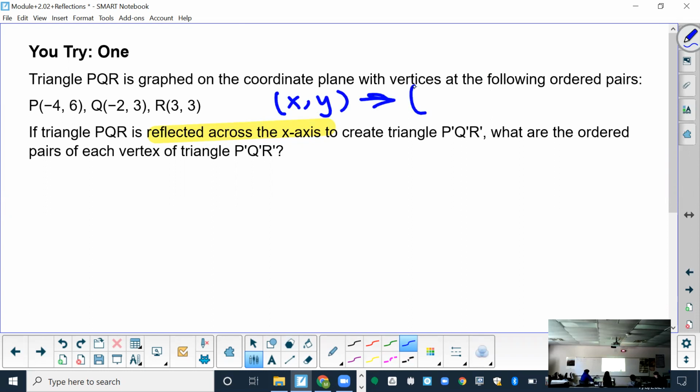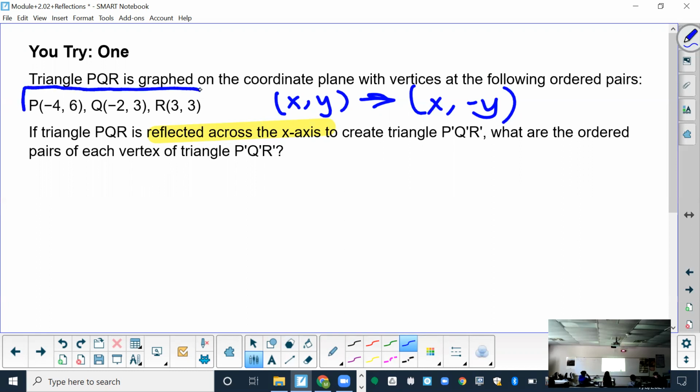So how does that coordinate change? All right, x stays the same and y changes, is that correct? Right, that is correct.